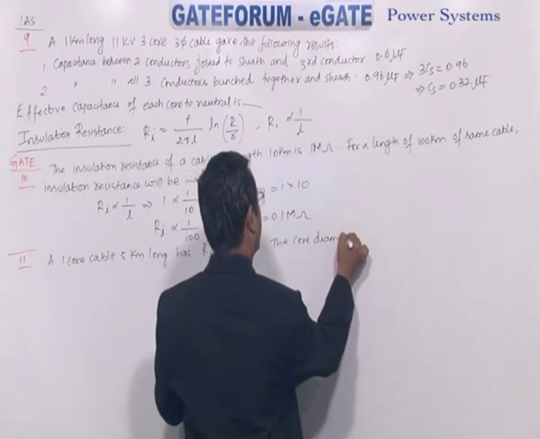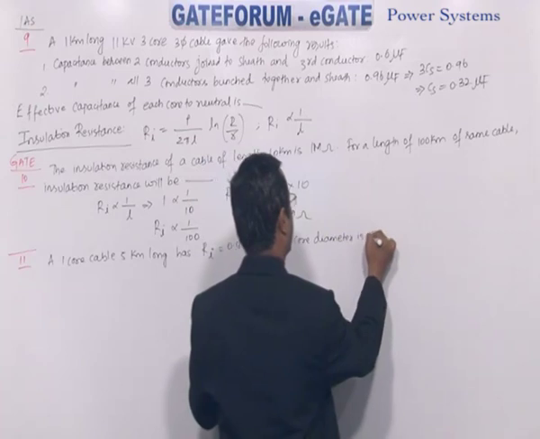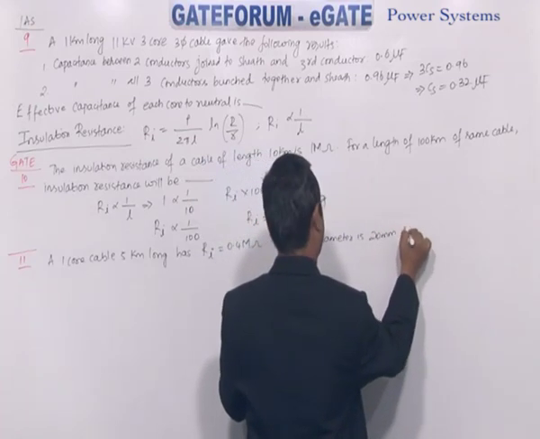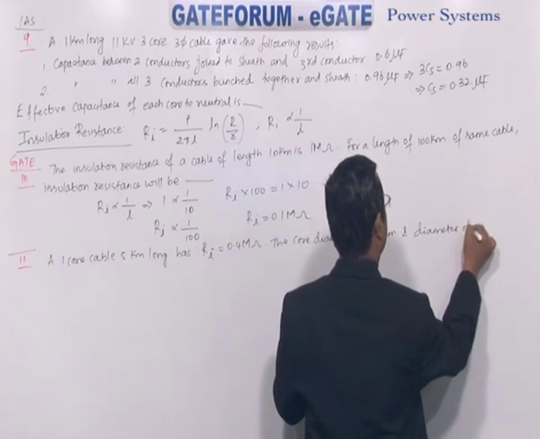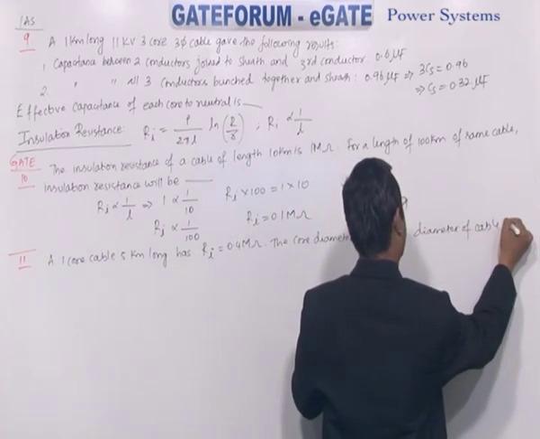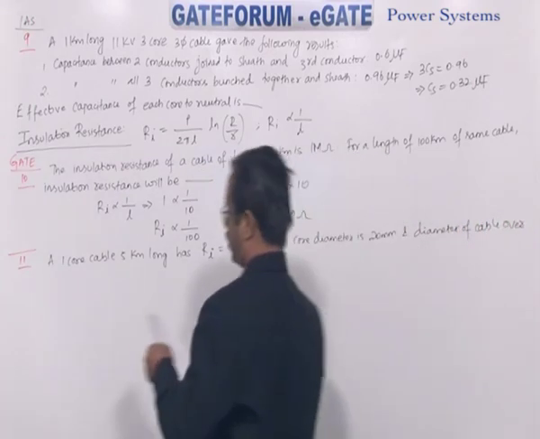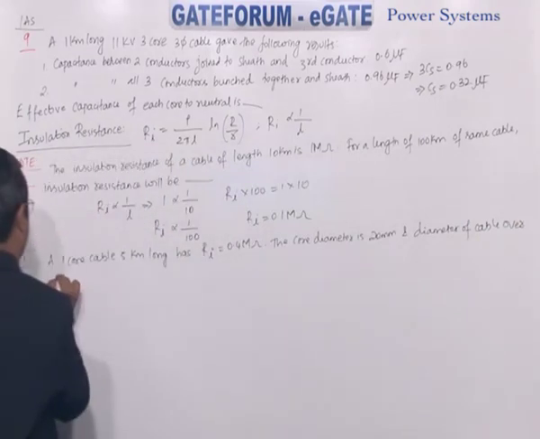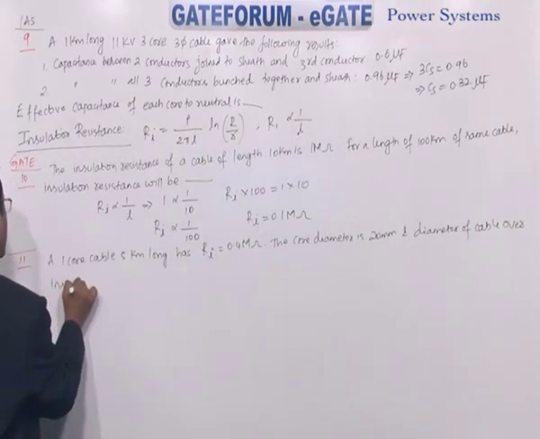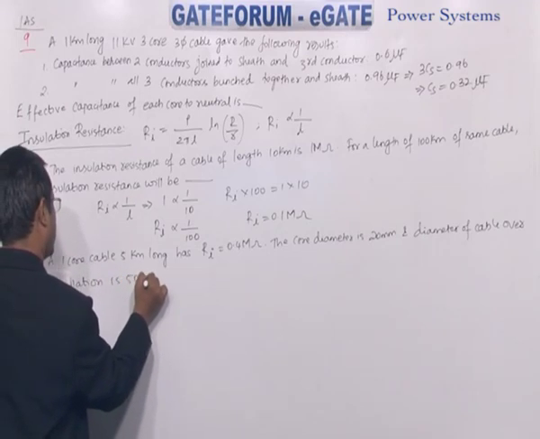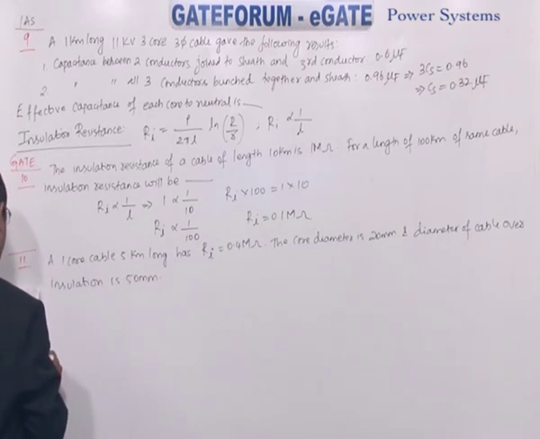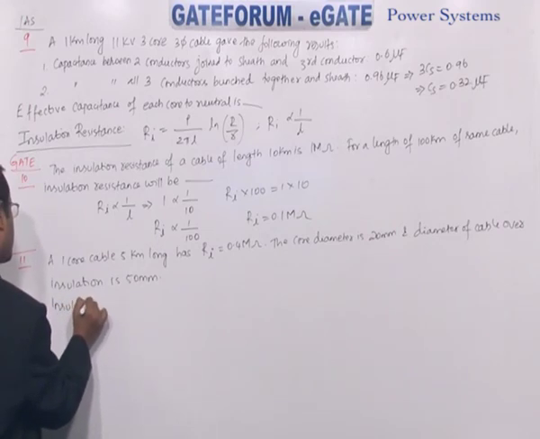The core diameter is 20 mm and diameter of cable over the insulation is 50 mm. Insulation resistivity is?